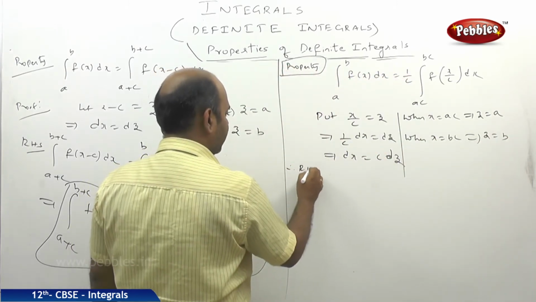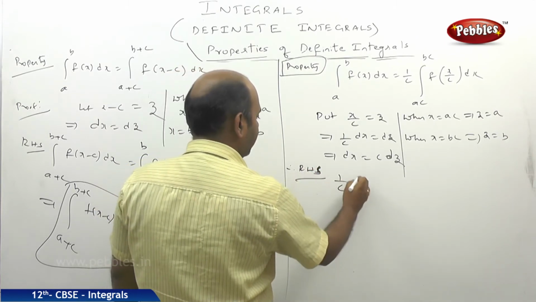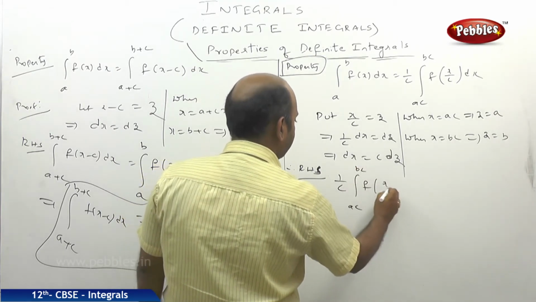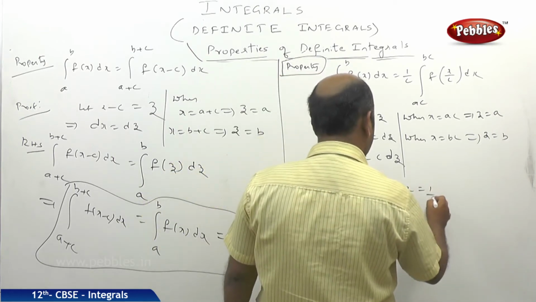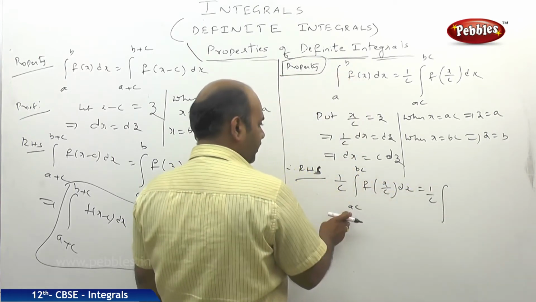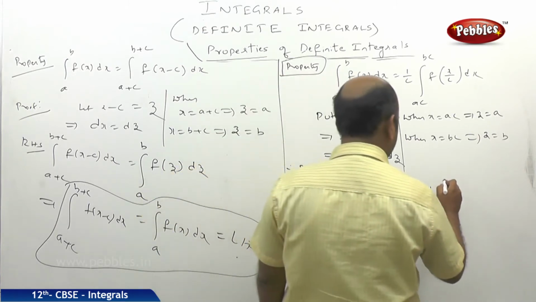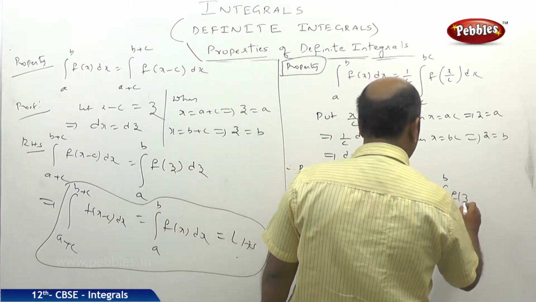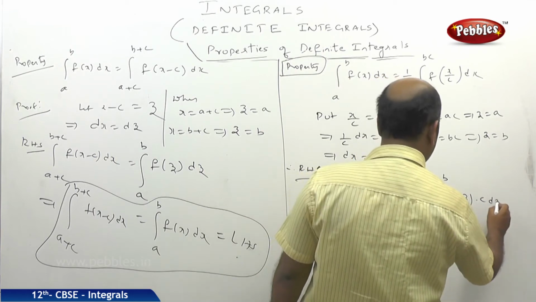Therefore I will take the right hand side once again, RHS: 1 by c integral of ac to bc f of x by c dx is equal to 1 by c. When x is equal to ac, z will become a. When x is equal to bc, z will become b. f of x by c means f of z. dx means again we will be getting c dz.